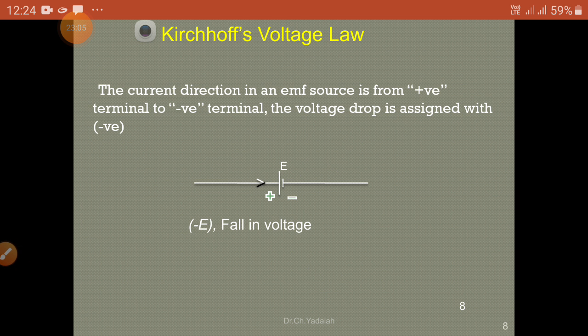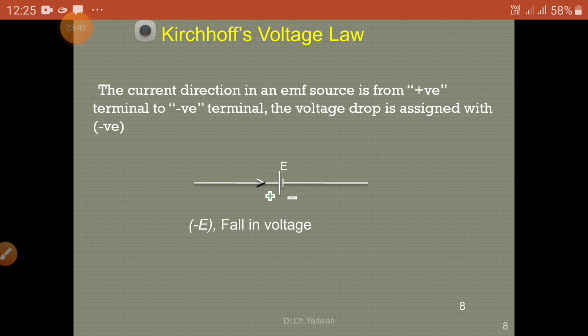And in case of the voltage sources, if the loop current is going from positive terminal to negative terminal direction, high potential to low potential, we are assuming that as a voltage drop. And suppose the assumption is reversed, from minus to positive, low potential to high potential, the assumed loop direction is minus to plus, a voltage raise. You have to take the plus E. There are four assumptions you have to assume.